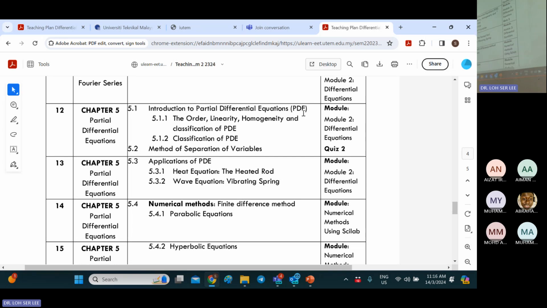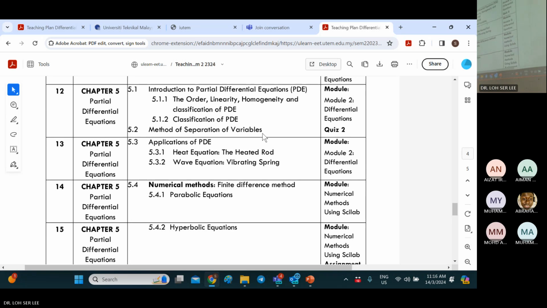And the last chapter, partial differential equations. The partial differential equation is different from the ODE, the ordinary differential equation. We'll touch a little bit on the PDE later. For ODE and PDE, you will learn about the order, the linearity, the homogeneity, and the classification.